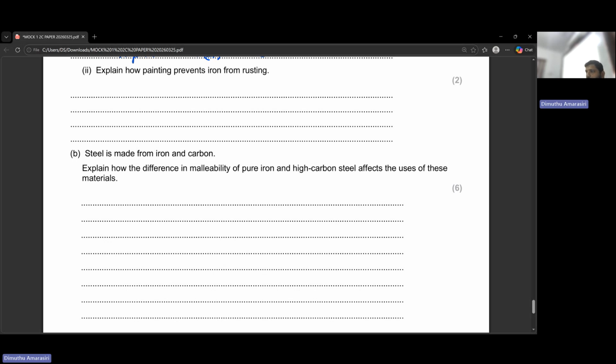Pure iron can be used for gates, railings, nails, wires, chains, cookware. At the end of the day, pure iron can be used for gates, nails, wires. That's the third mark.